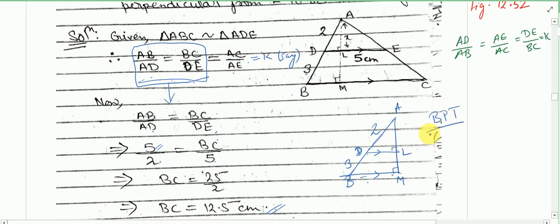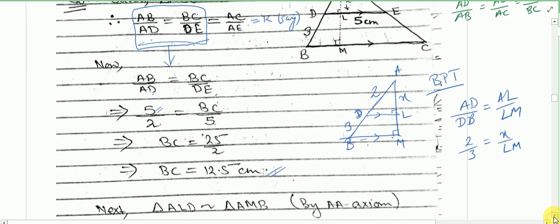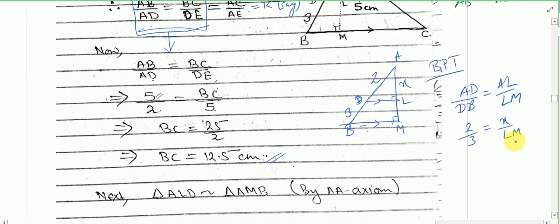By the basic proportionality theorem, I will have AD upon DB is equal to AL upon LM. That means 2 by 3, and AL is X given in the question. So X upon LM. Clear? So I can easily find the value for LM.